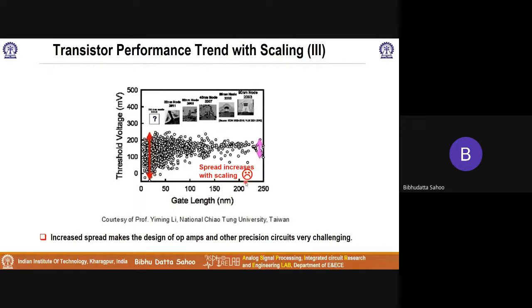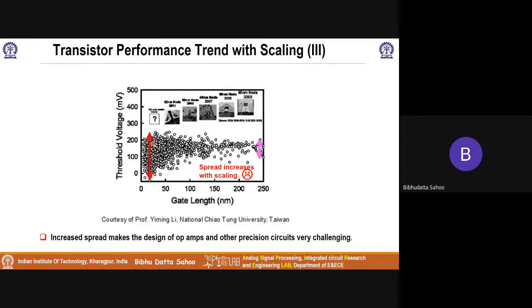Now, if this is increasing with scaling, how does it impact power? Why does this variability have to do with power? Anybody have any hints? What happens is, now the variability is large. So in order to control the variability, what do we do? We have to make the devices bigger.